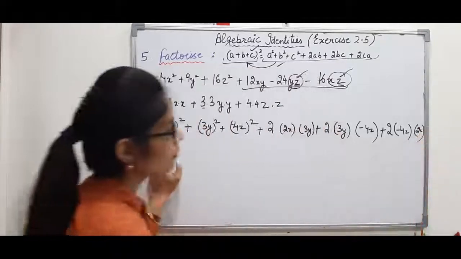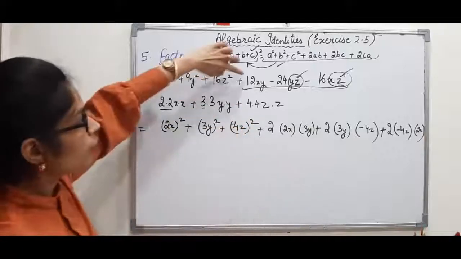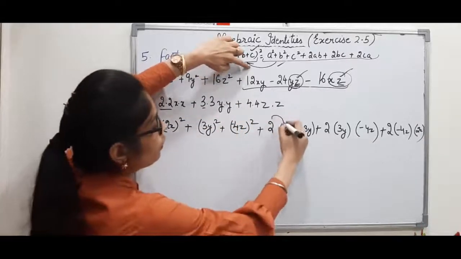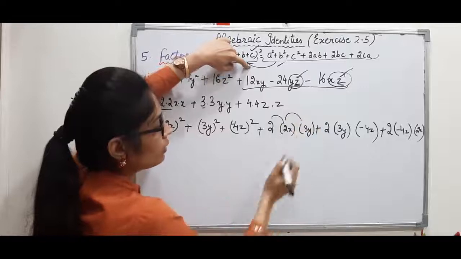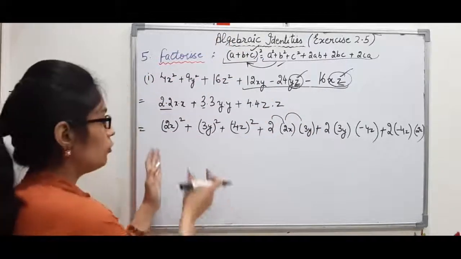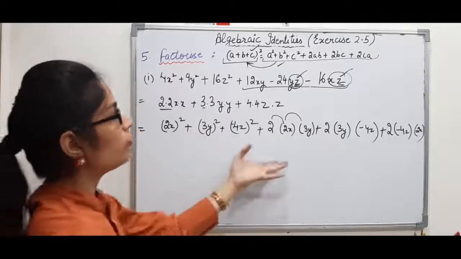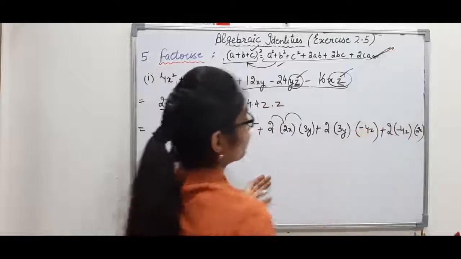So I have just written in simpler form. You can see 12xy. If you multiply it, 2 into 2 is 4, 4 into 3 is 12, 12xy. This expression is becoming the same. So from here I have just got the values of a, b and c, then I have written in this form.